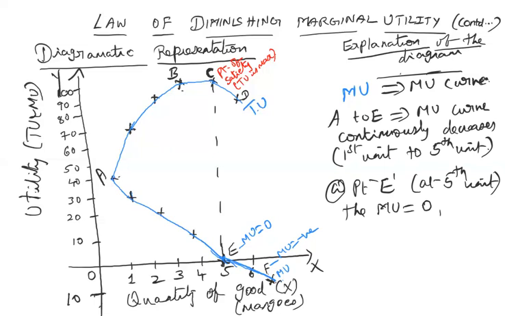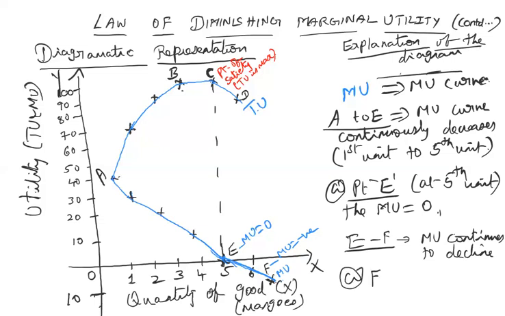That means the consumer is not getting any additional satisfaction. And between E to F, marginal utility continues to decline, and at point F, marginal utility becomes negative.